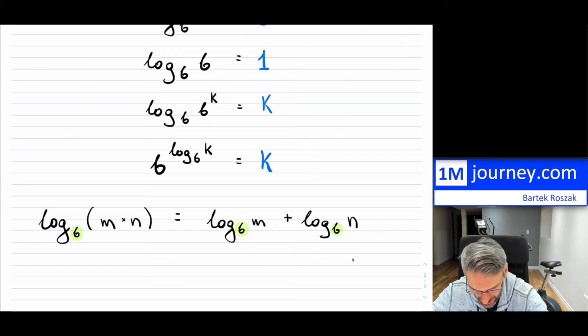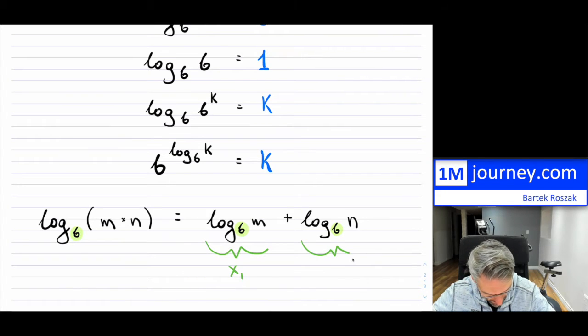So where does this come from and why is this true? What I'm going to do is take this log base b of m, and I'm going to call this, let's say, x1. And I'm going to take this log base b of n, so n for Nancy, and I'm going to call this x2.